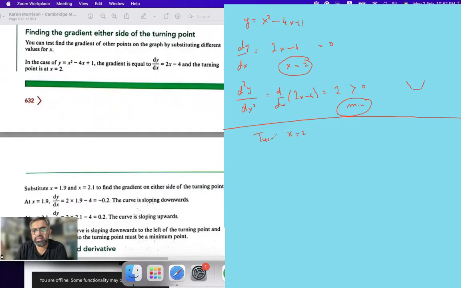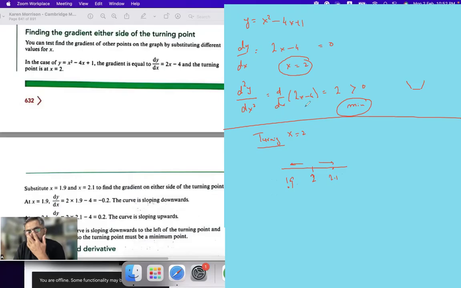So we look at the behavior of the slope to the left of the turning point and to the right of the turning point. Suppose we take some point 2.1 on the right and on the left side we take, suppose, 1.9, and we see whether the slope is increasing or decreasing.